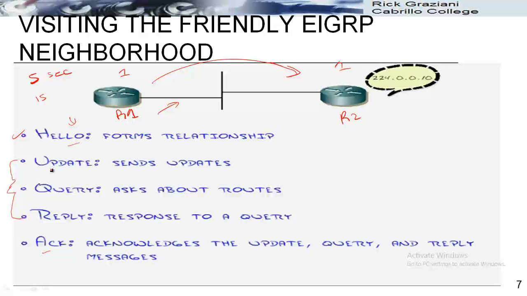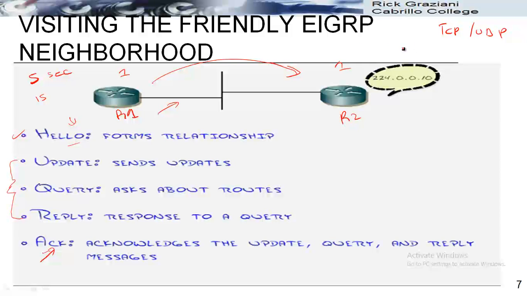If you send an update, you expect an ACK, because we said that EIGRP and OSPF don't use either TCP or UDP at layer 4. They have their own reliability mechanism. That's why you have an ACK packet.